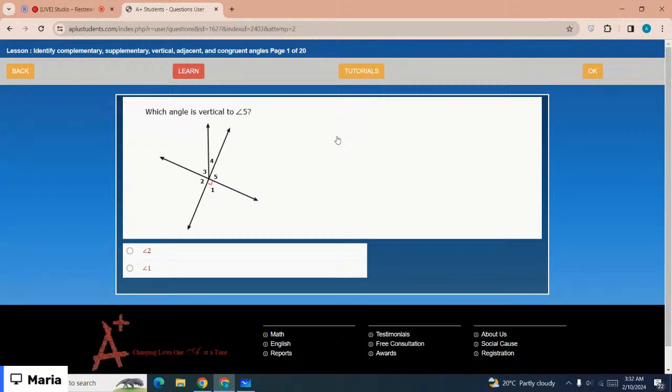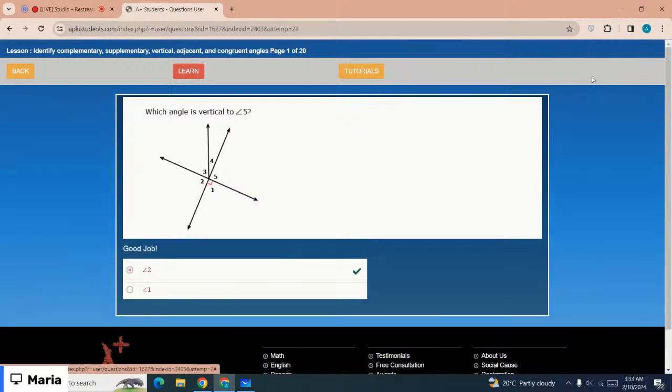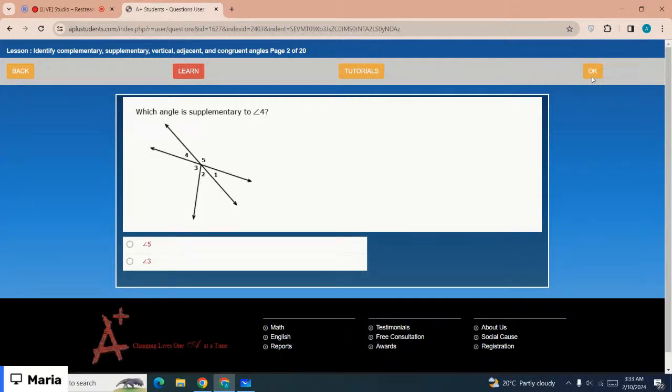Which angle is vertical to angle 5? Which is the correct option? Angle 2 is the vertical angle to angle 5. Which is a supplementary angle of angle 4? Supplementary angle means the angles whose sum equals 180 degrees.